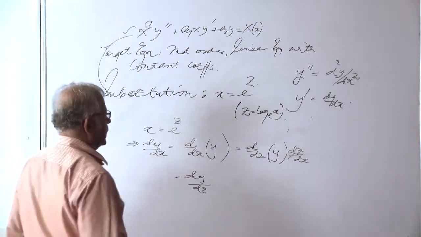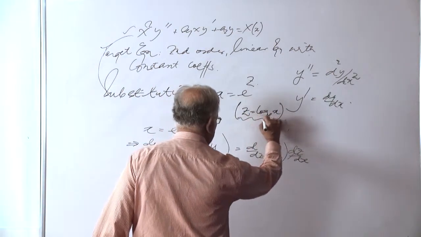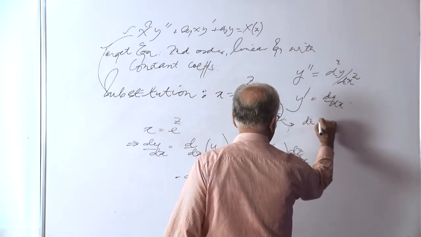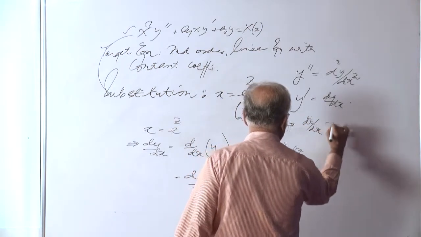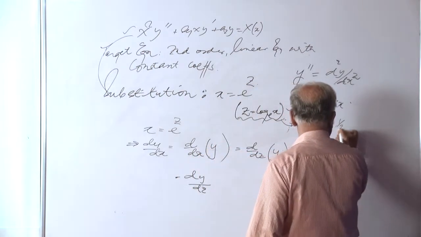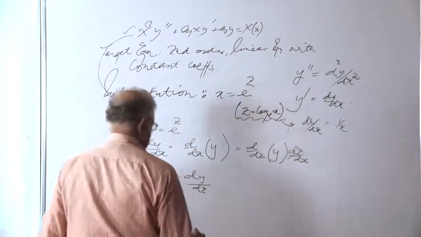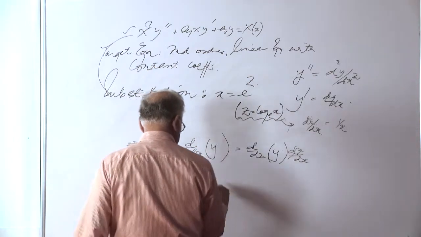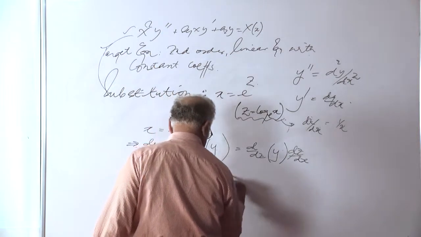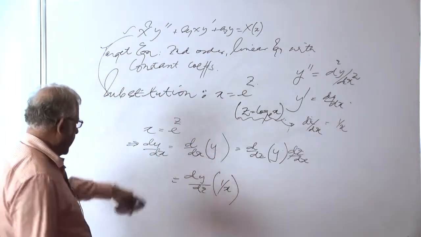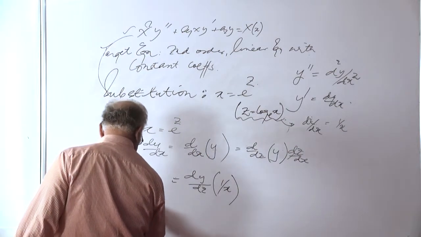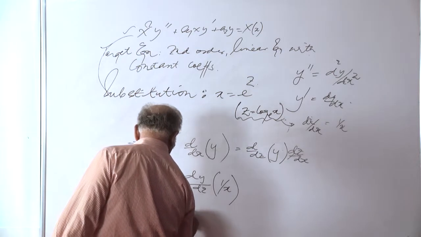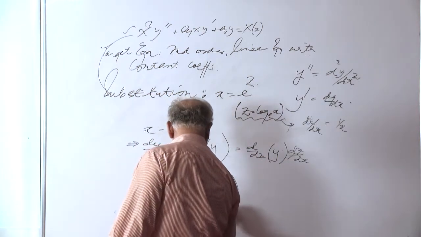And what is dz dx? From here, one can see that dz dx is nothing but 1 over x. So dy dx is equal to dy dz into 1 by x. If you cross multiply, we get x times dy dx is dy dz.